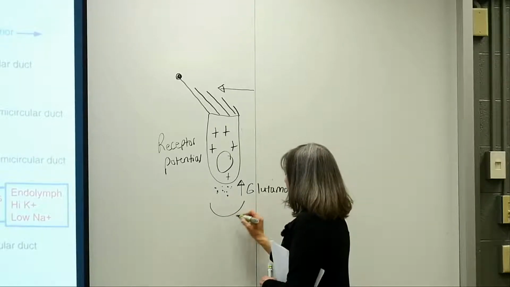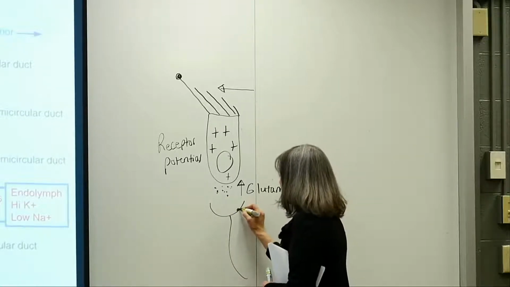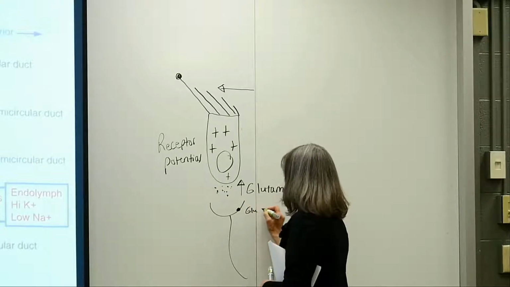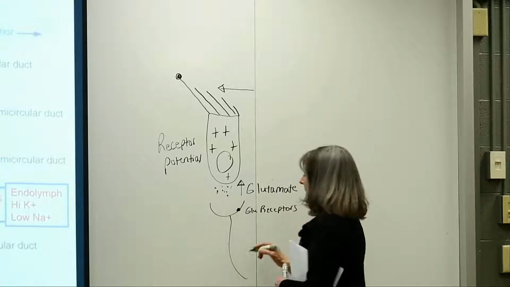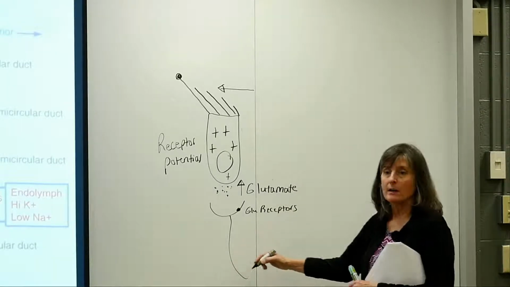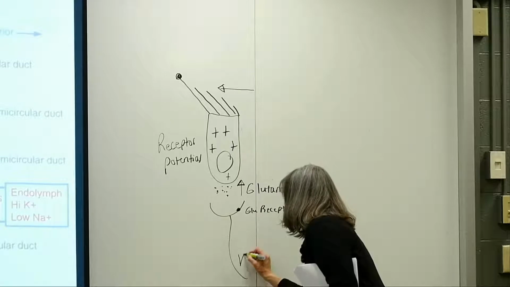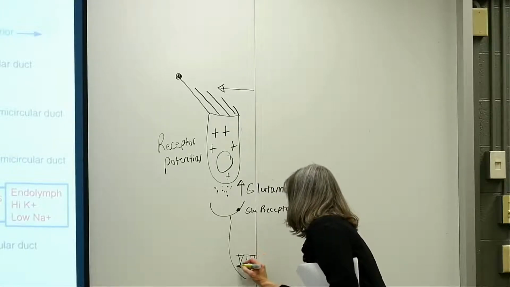And that glutamate is going to then bind to glutamate receptors on the vestibular part of the vestibulocochlear nerve, which is cranial nerve 8.